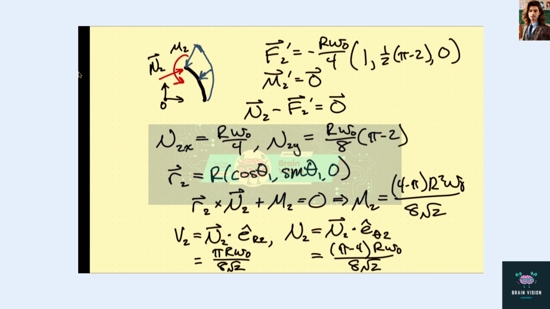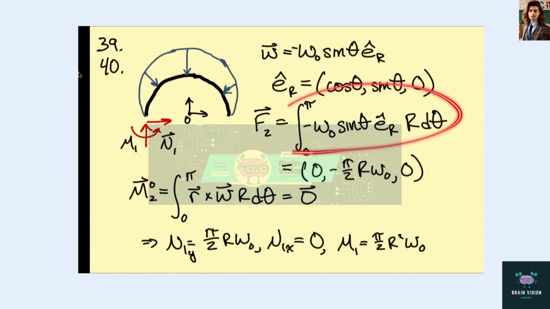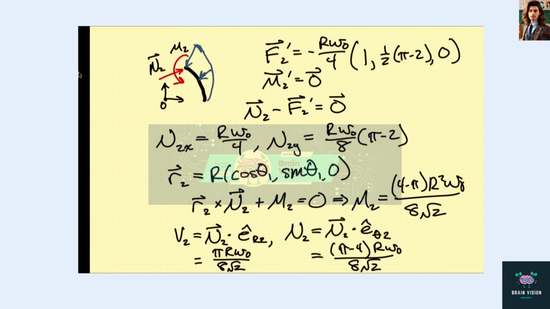And so in this case, we need to redo what our distributed load resultant force is. So we redo this integral, but from 0 to 45 degrees. And we get that F2 prime, the vector, is minus r omega naught over 4 times the vector with 1 in the horizontal direction, and 1/2 pi minus 2 in the vertical direction.